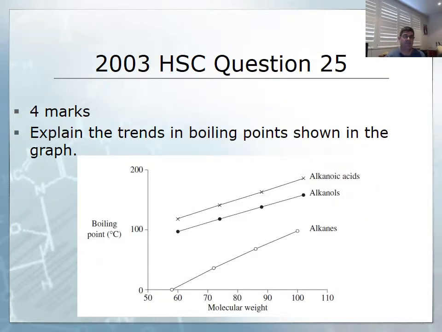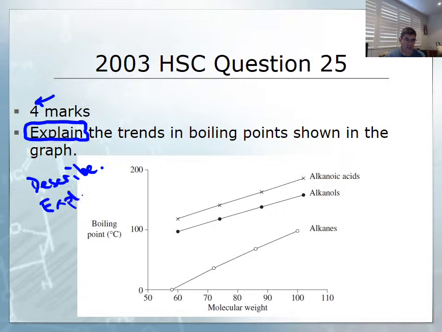So here's a question from the 2003 HSC. Question 25 was a 4-mark question which asked you to explain the trends in boiling point shown in the graph. Now 4 marks is a lot. There's a description and an explanation step that's required here.